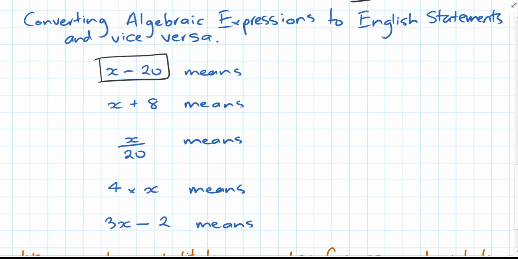So what that actually means is 20 less than x. Or, of course, if we were to read it literally, it would be x minus 20. But this is also another way of rewriting it. So 20 less than x.